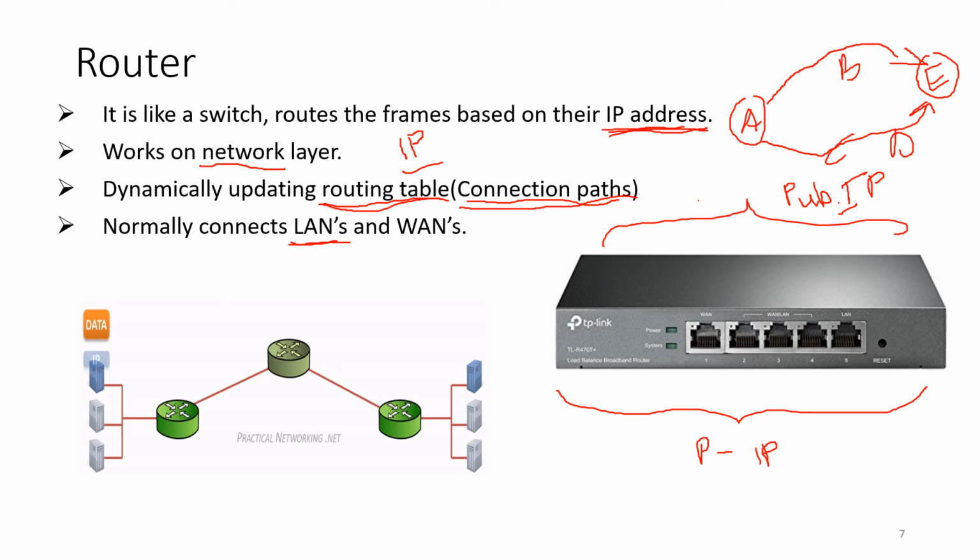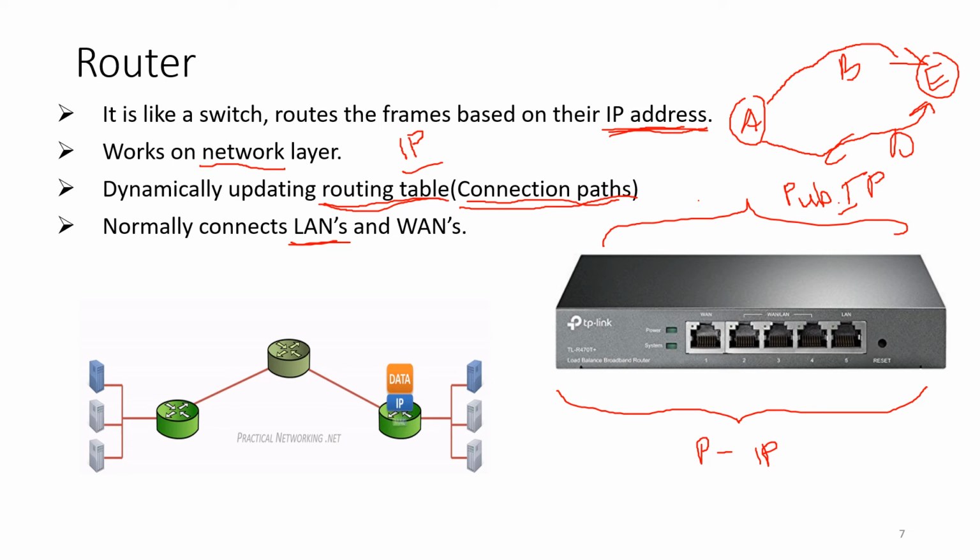Here in the diagram, you could see the first node is sending data to a router. It will check the MAC and check the IPs.